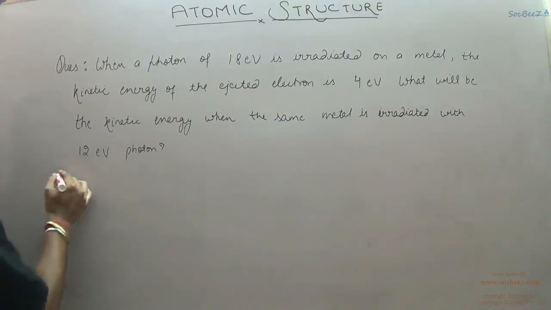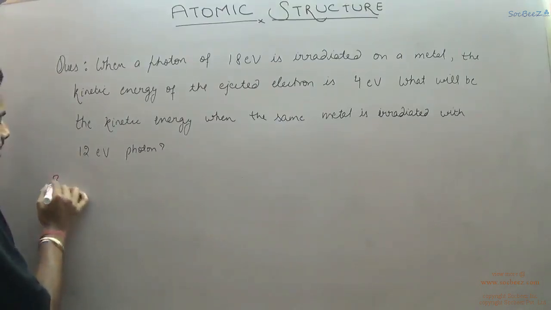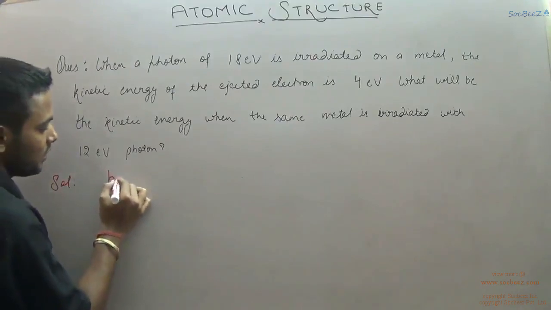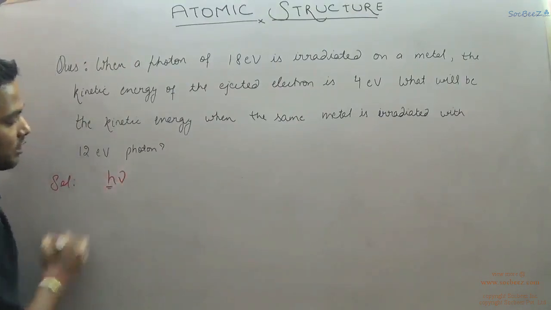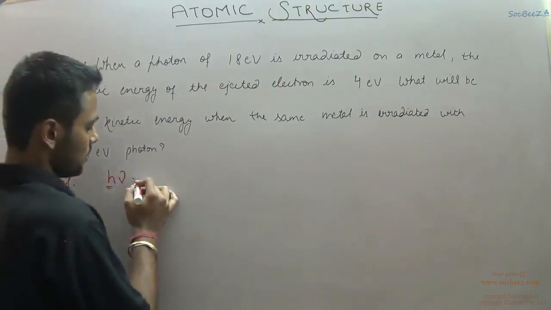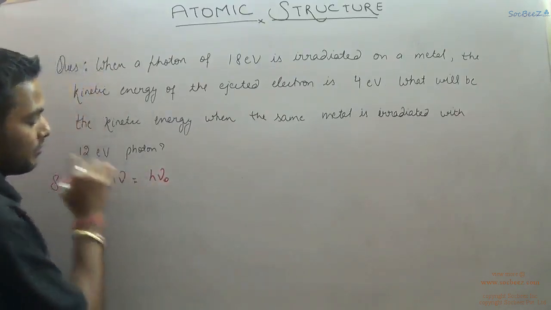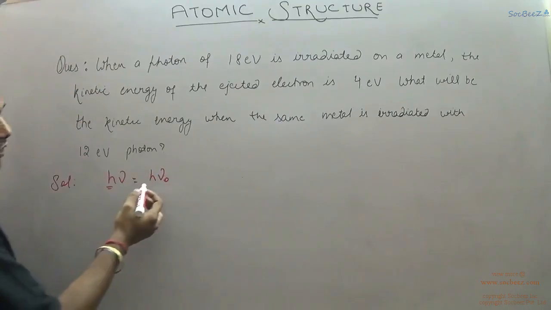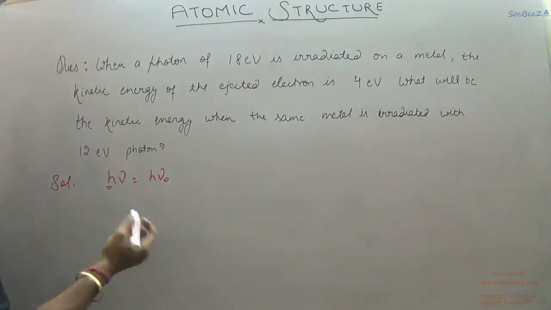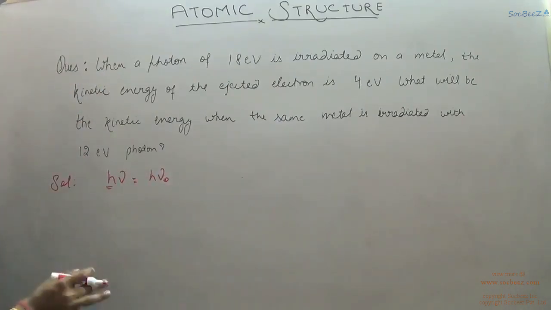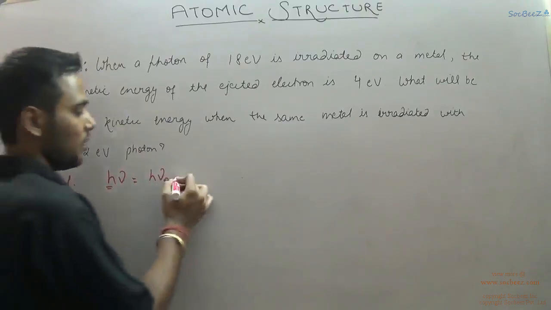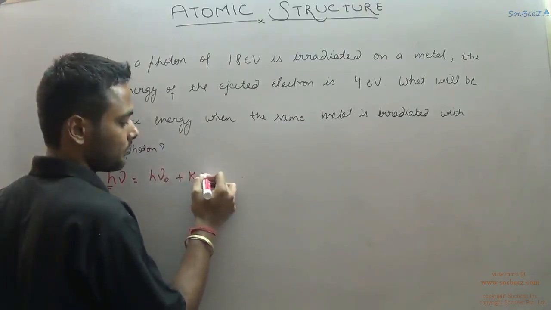We know that from the photoelectric effect, h nu, the energy of the photon, equals h nu naught, the work function of the metal or the threshold energy which we discussed, plus kinetic energy.